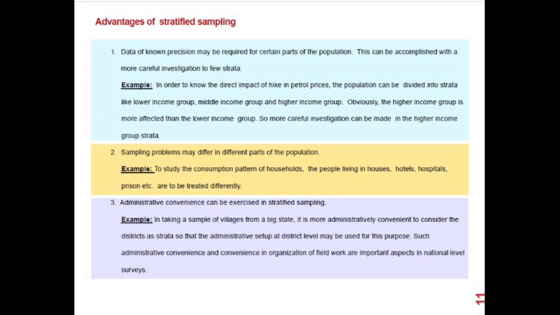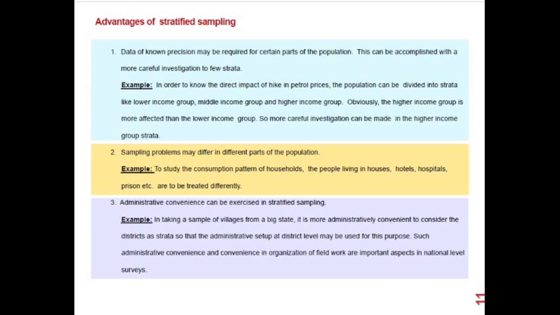Administrative convenience can be exercised in stratified sampling. For example, in taking a sample of villages from a big state, it is more administratively convenient to consider the districts as strata, so that the administrative setup at the district level can be used for this purpose.